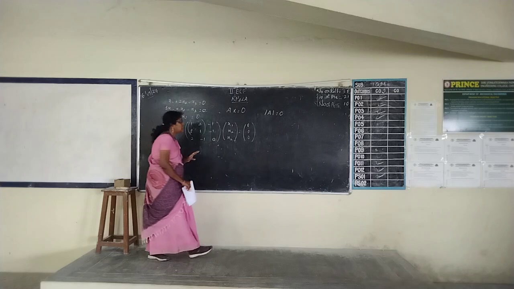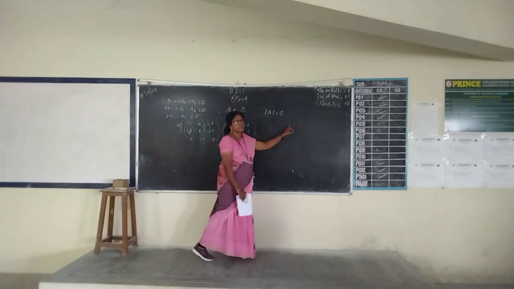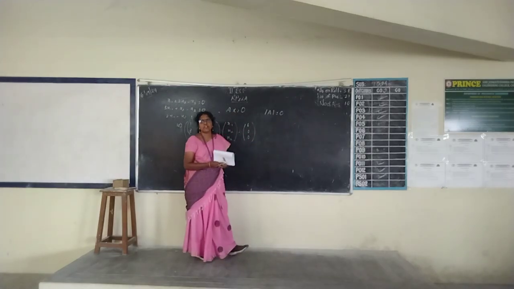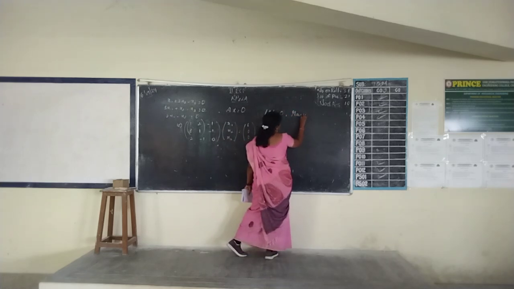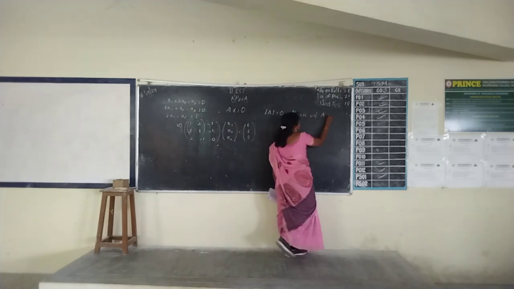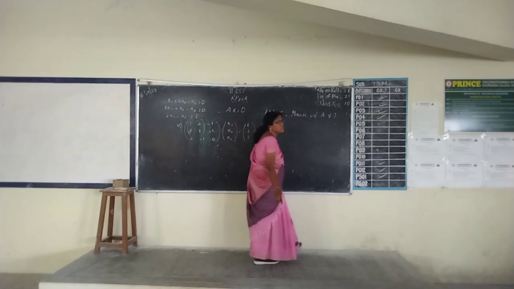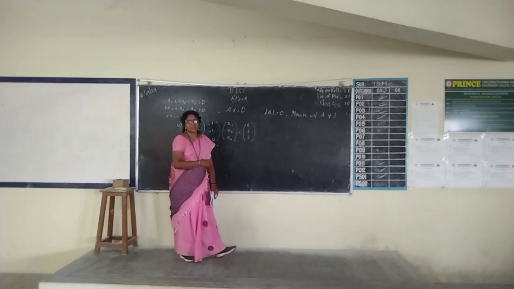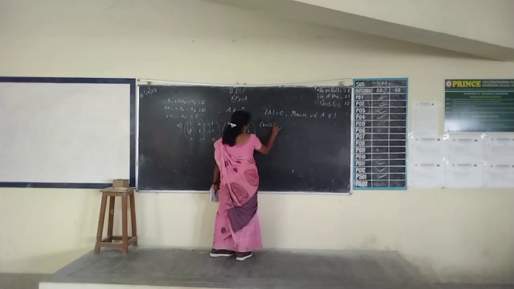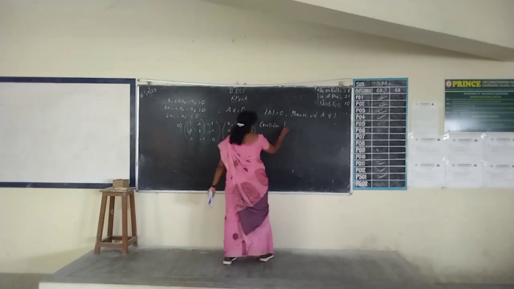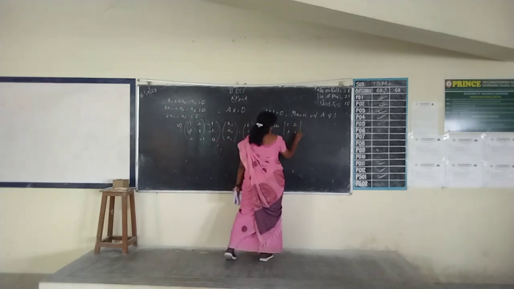Since determinant of A equal to 0, rank of A is not equal to 3. Now consider a 2 by 2 minor: 1, 2, 3, 1.